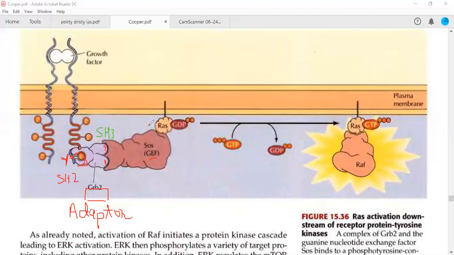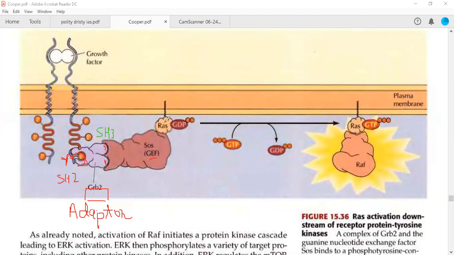So remember, when we started GPCR, I told you there are two types of G proteins. These GPCRs are G protein coupled receptors, and they were interacting with some of the G proteins. Similarly, these receptor tyrosine kinases also have analogous proteins with which they are able to transmit the signal in the cell cytosol. These are the family of monomeric G proteins.